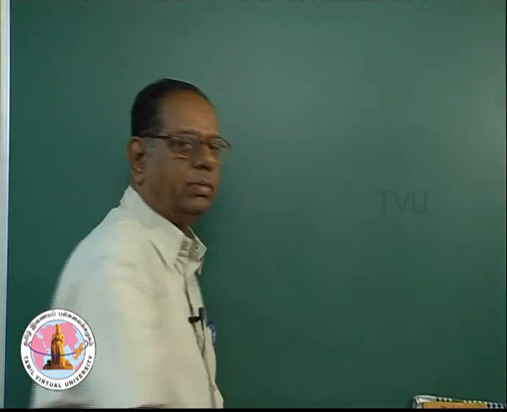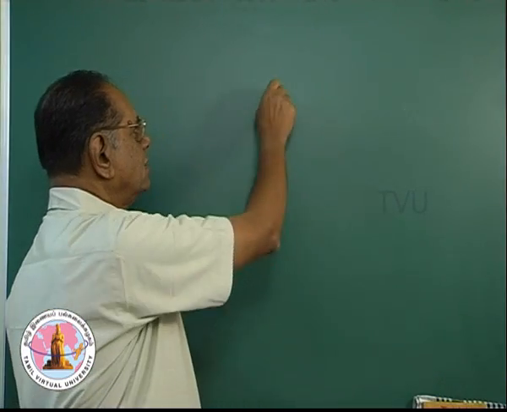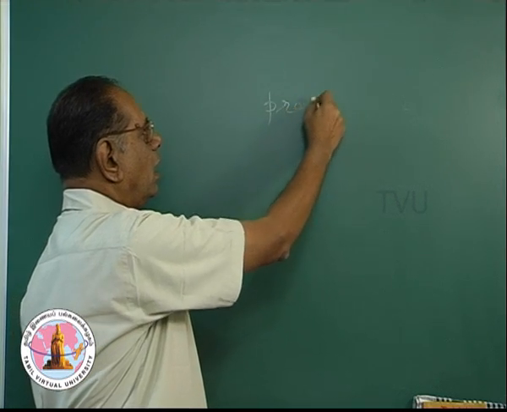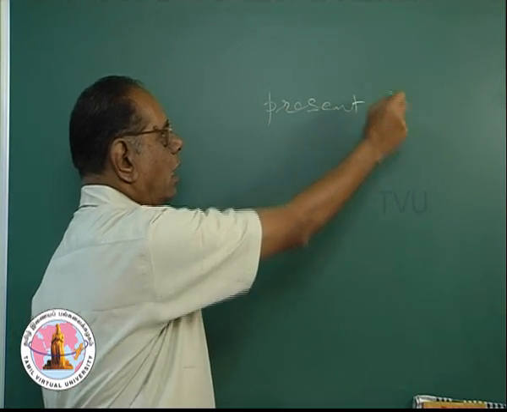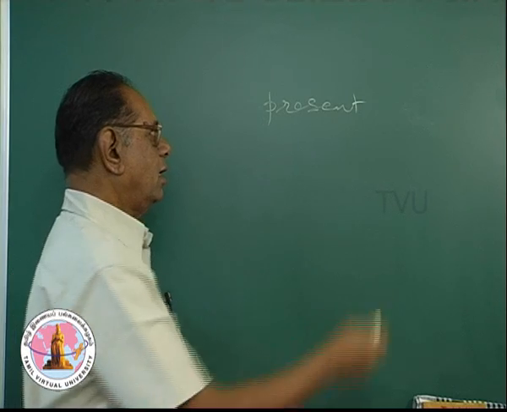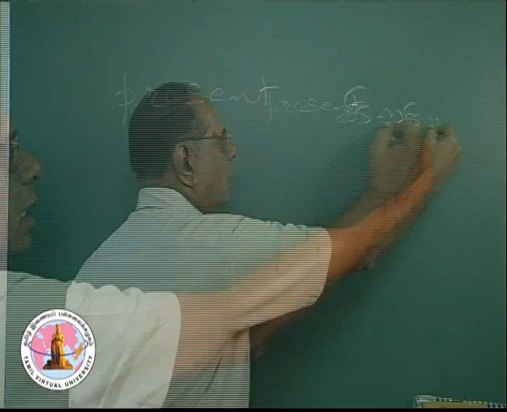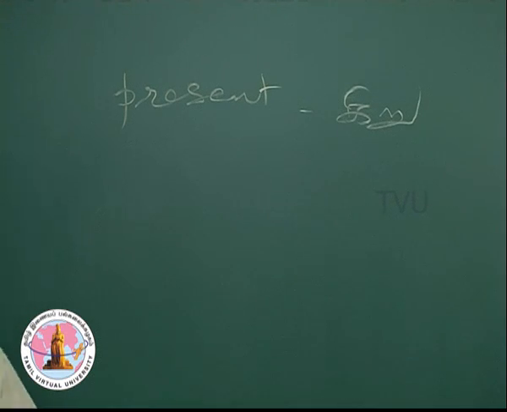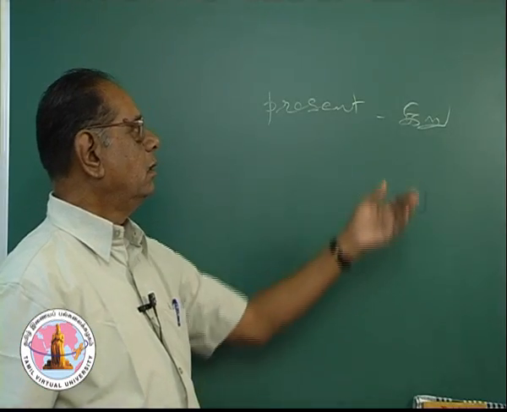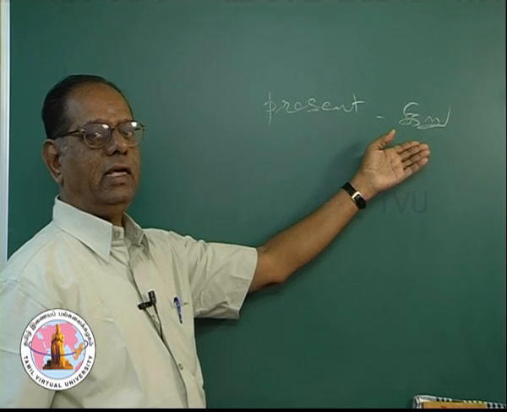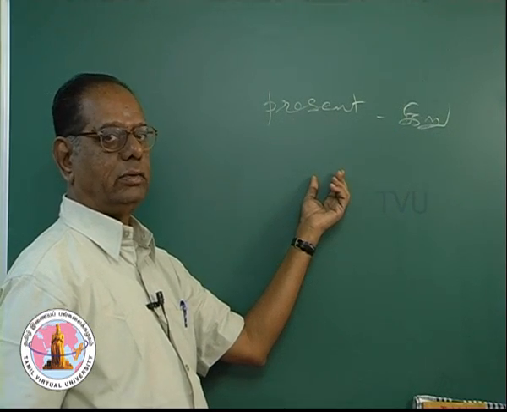For that, we took up the present tense, and the present tense marker is kiru. This must take place in the middle of the verb.